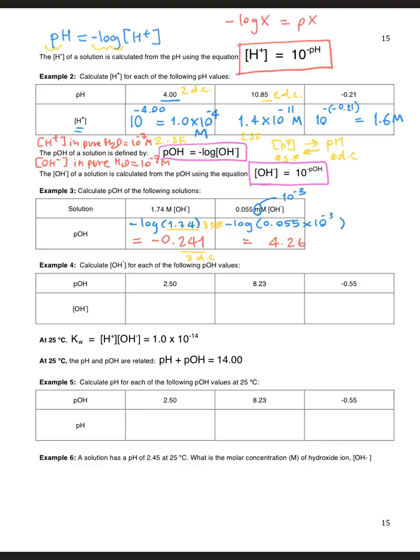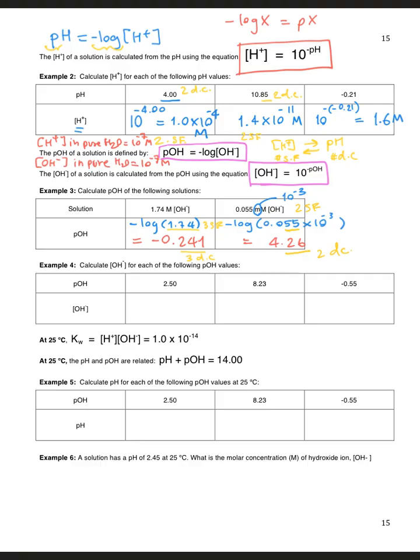Again, if you're going from the concentration to the pH or pOH, you use sig figs and translate that to decimal places. In this case, we have 2 significant figures from the concentration, so the final answer would contain 2 decimal places.